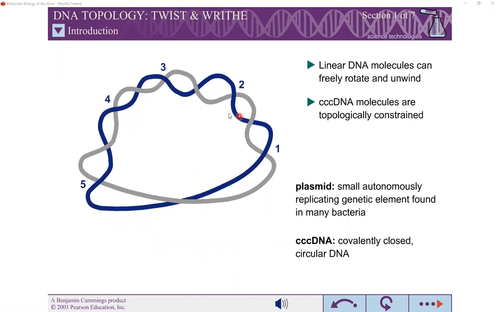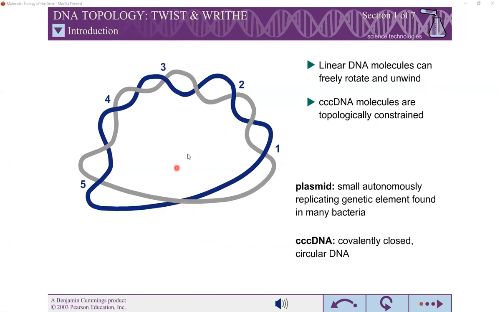Okay, so you can look here. This is what I have explained to you. A DNA molecule whose ends cannot be separated is said to be topologically constrained. When this particular DNA molecule was present in its linear form, the number of turns associated with this DNA was 5. Now, even when it has been stretched, the number of turns remains 5 only.